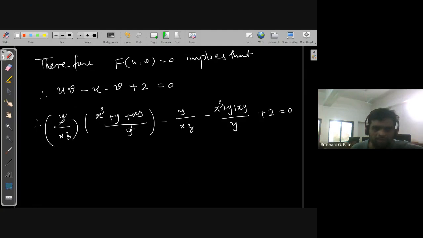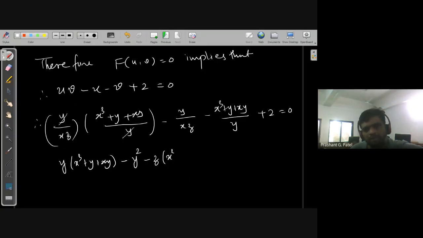This will get cancelled, and we'll take the LCM as xyz. So y is multiplied here: y into x cube plus y plus xy minus y square minus z into x cube plus y plus xy plus 2xyz equal to 0.